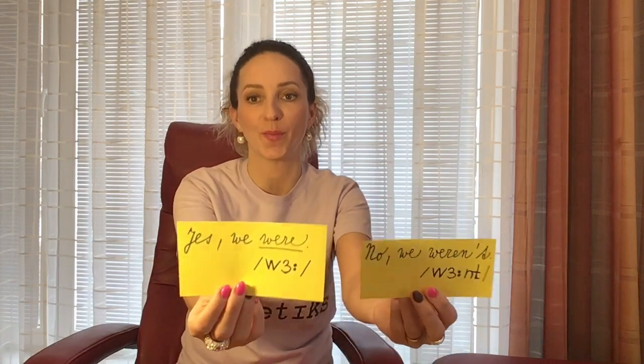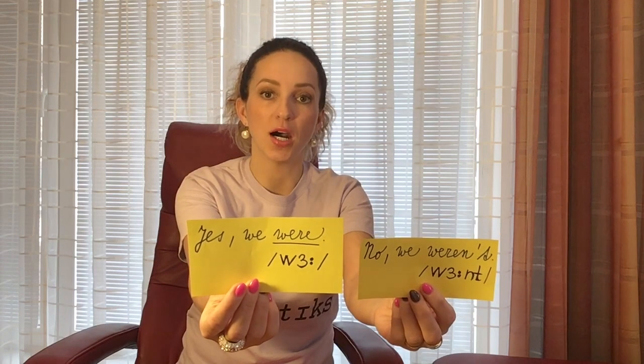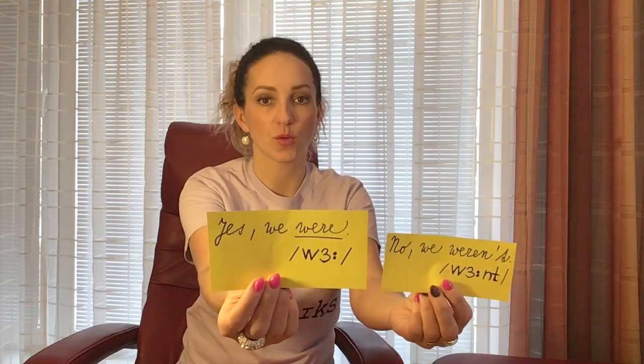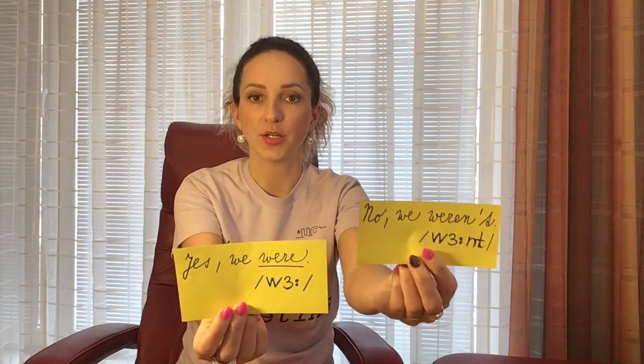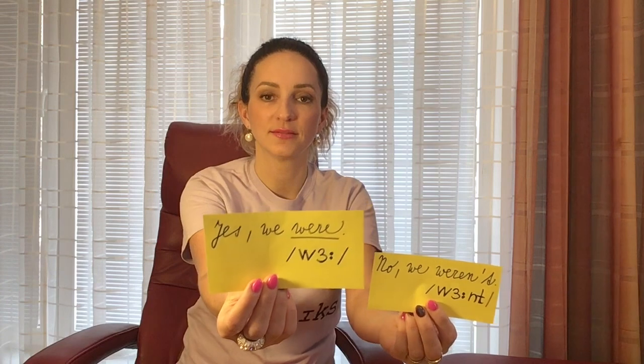Now we can answer this question, and we can answer it in two different ways, because you can either say yes or no. Yes, we were. No, we weren't. So once again, I asked, were you at home last night?